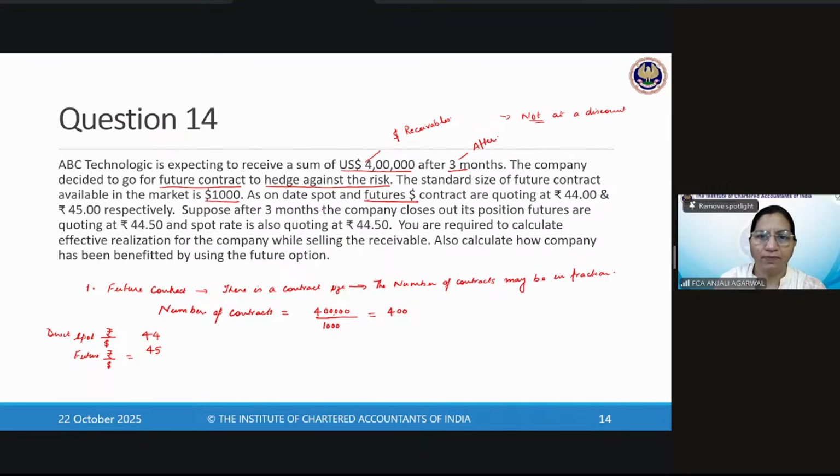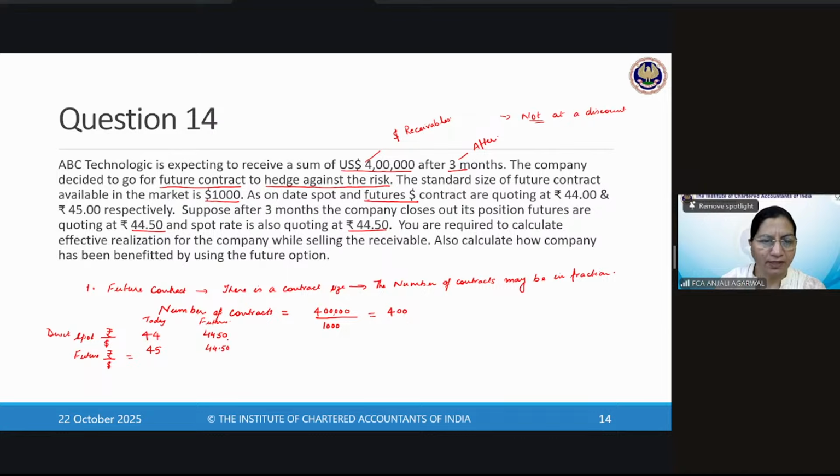Suppose after 3 months, the company closes out its position, futures are quoting at 44.50 and spot is also quoting at 44.50. So this is today and future. That means exactly after 6 months, the quotes are 44.50 and 44.50.